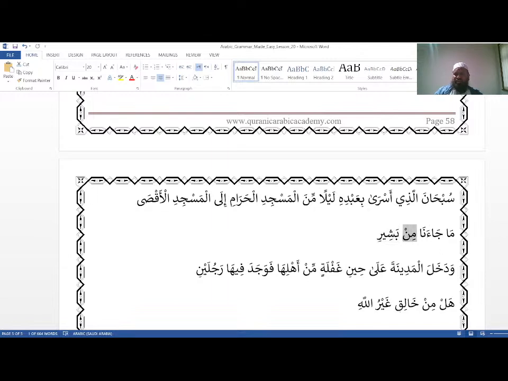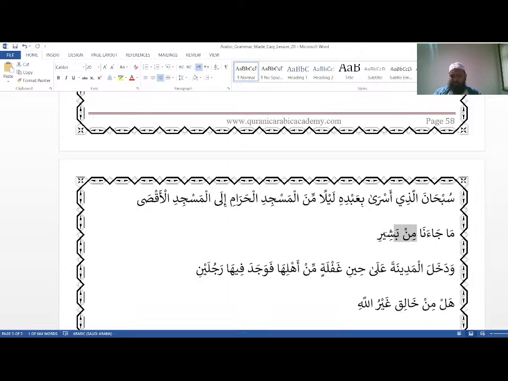If harful jar, especially min, comes with a nakira ism, an indefinite ism, so this bashir is already indefinite, which is a nakira ism, min makes this ism more nakira. I don't know if you understand that. How can you make an indefinite ism more indefinite? What I mean to say is it will give the meaning of any. Then we can translate any.